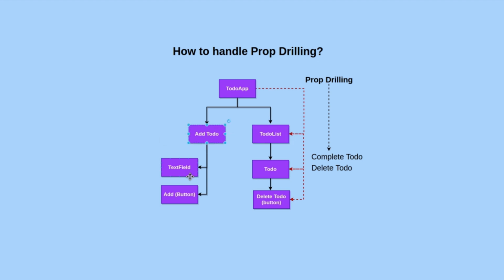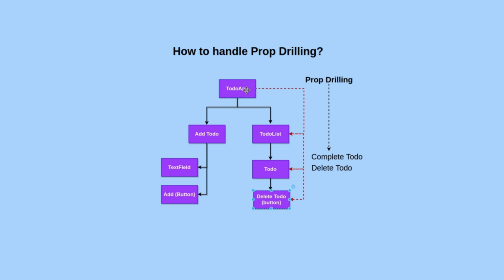In add to-do, there is going to be a text field and a button to add a to-do. For to-do list, there is going to be a list of to-dos, and in each to-do, there is going to be a delete to-do. As mentioned, we can perform multiple operations in our application. We can mark our to-do as complete or incomplete, we can delete a specific to-do, or we can add a to-do.